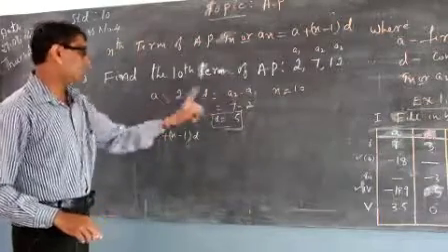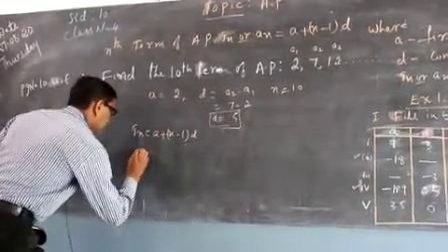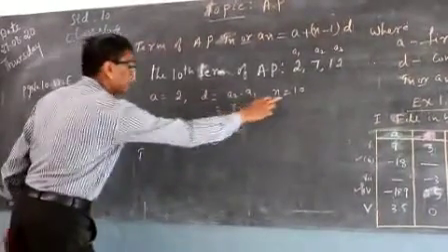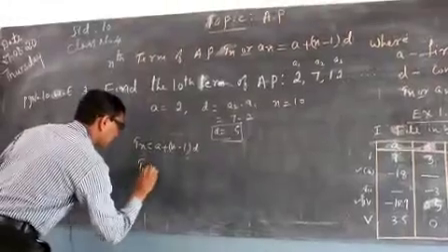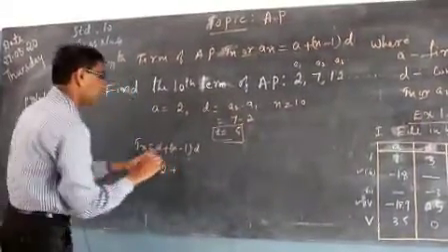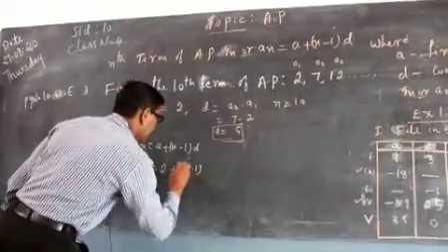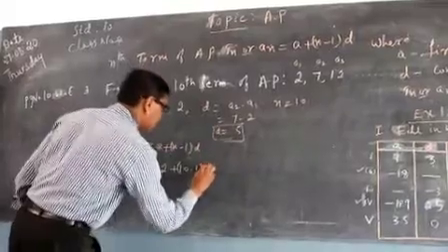Substitute these values in this formula. Where Tn is what we are finding, here T10, where n is 10. Wherever n is there, substitute n is equal to 10. T10 is equal to A, that is 2, plus n minus 1, where n is 10, so 10 minus 1, into D, the common difference, into 5.